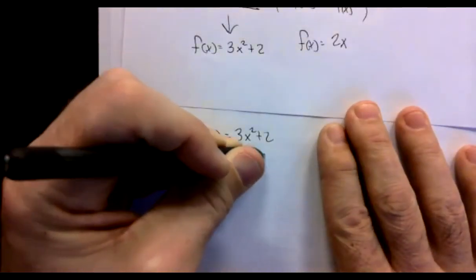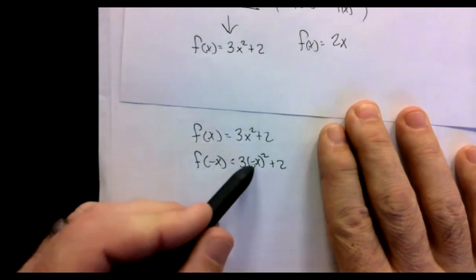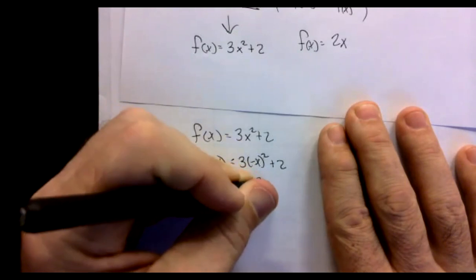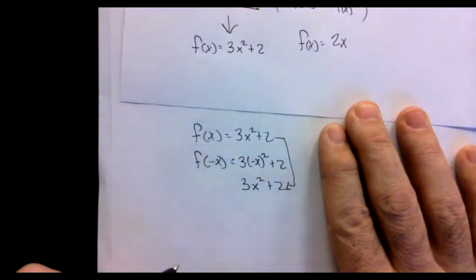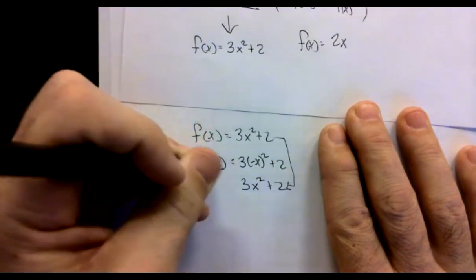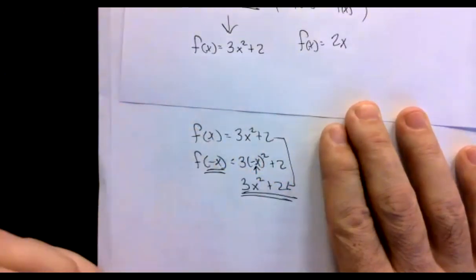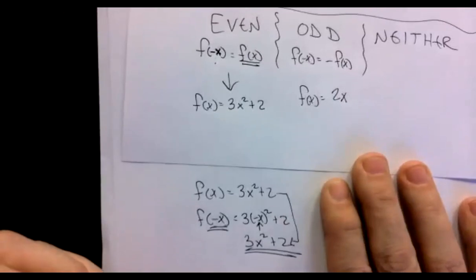So if I plug in negative x, does that really change anything? In this case, no, because negative x to the second power is still positive x squared. So I still end up with the exact same function. Nothing changed. So if I can plug in a negative x and nothing changes, that's an example of an even function.